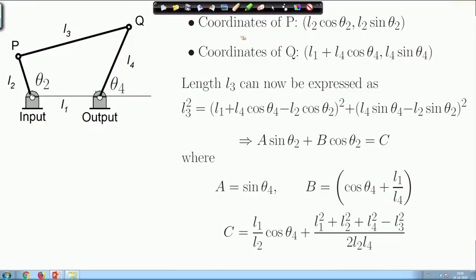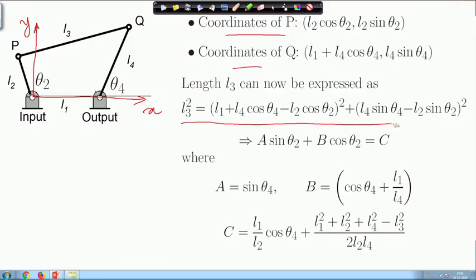We had the coordinates of P and Q corresponding to this coordinate system, and we had written out this L3 square in terms of the coordinates of P and Q. Now, we are given theta 4 and we have to solve for theta 2.